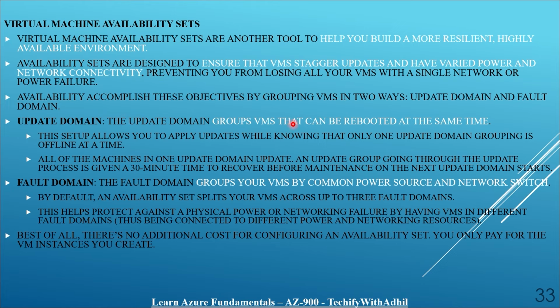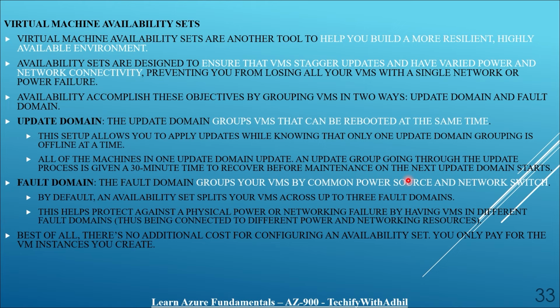The update domain is a group of VMs that can be rebooted at the same time. A fault domain is a group of VMs by common power source and network switch. When you are creating the VMs, you group them into an availability set, and it can be of update domain and of fault domain. So what is this update domain?